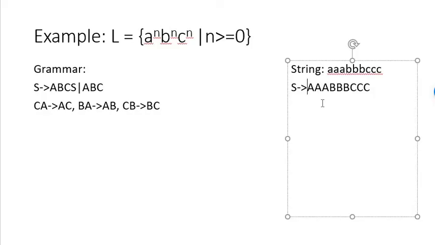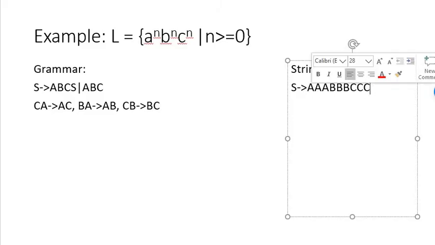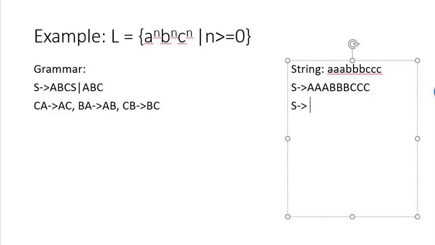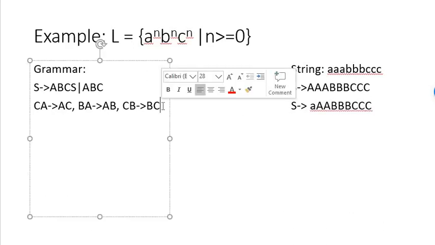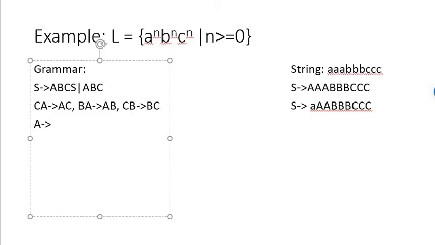Suppose I am replacing this non-terminal A by small a, right? So what I am doing, I am replacing non-terminal A by small a, and the rest of the thing is as it is. So I have to add that production that non-terminal A will be replaced by small a.